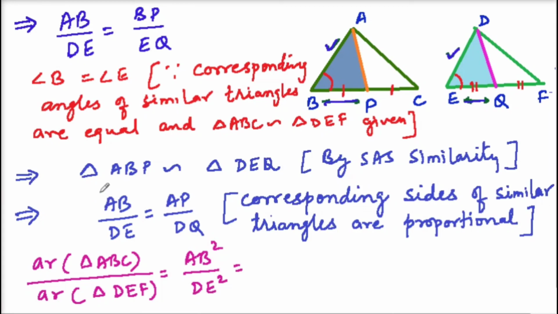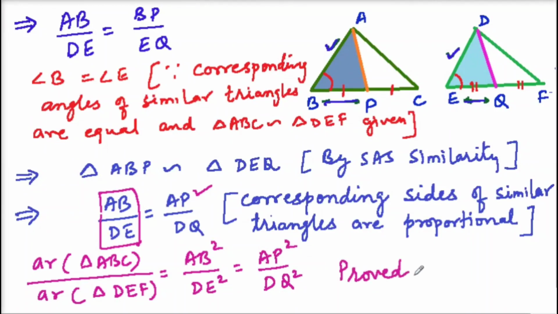And we have just proved that AB upon DE equals AP upon DQ. So in place of AB square we can write AP square, and in place of DE square we can write DQ square. And that's what we have to prove. Area of triangle ABC upon area of triangle DEF equals AP square upon DQ square.